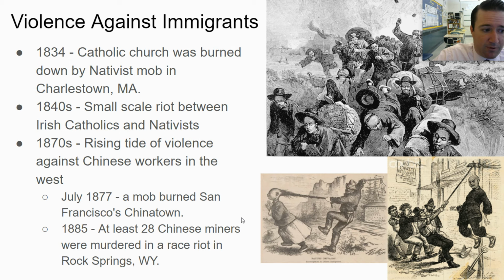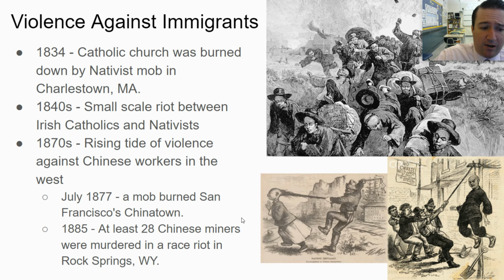Here's one example, probably the best example, the one I know the most about: 1885. There was a riot in Rock Springs, Wyoming, which is about three hours west of here on I-80. Rock Springs was a mining town with lots of Chinese employees.